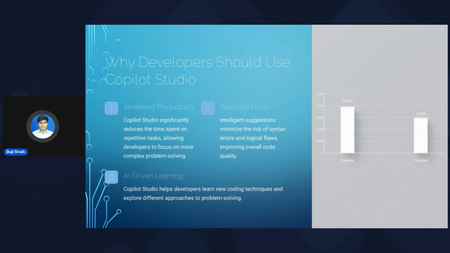So coming to the third point, it is AI-driven language learning. Copilot Studio helps developers learn new coding techniques and explore different approaches to problem solving. As we discussed before, while using Copilot Studio, if you want to write a Fibonacci series, you just go to Copilot and ask, write me a code for a Fibonacci series in a language like Java or Python.